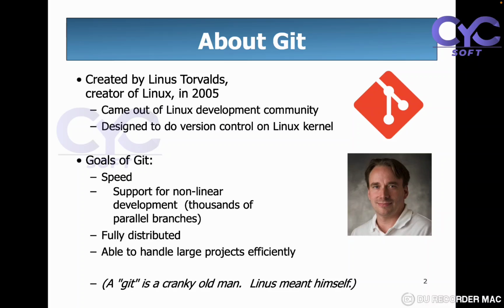We are working on framework activities, and we are trying to maintain the design process. And what are the goals of Git? The goals of Git are speed, support for non-linear development, and parallel branches, and being fully distributed and able to handle the project efficiently. So this is all about Git.